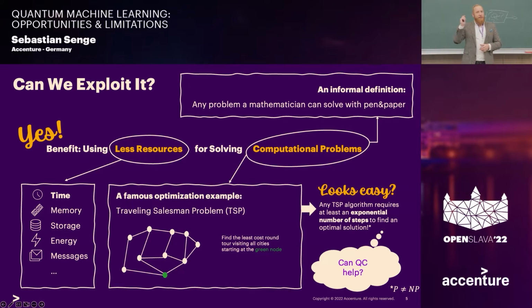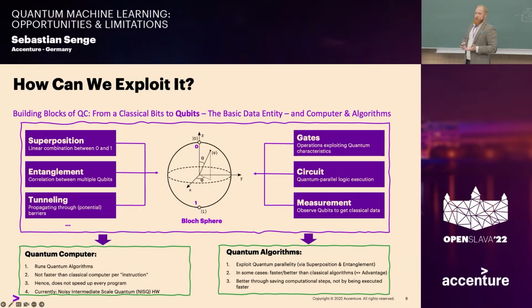Now, the question is, how can we exploit it? What you can see here on the left side is basically the physical part, what you've seen in the previous talk: superposition, entanglement, the tunneling effect, and some more quantum mechanical effects that are important here. On the right side, you see something that is related to the actual computing, right?